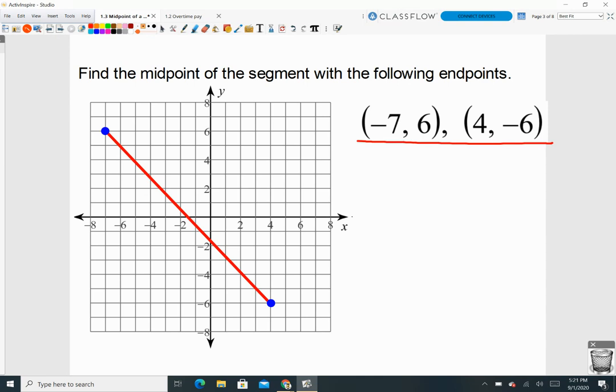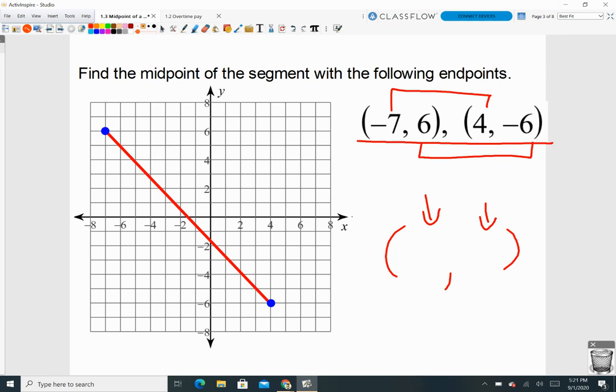So what I'm looking for is a point, so I'm going to have an x, y ordered pair. This first number in the pair is the average of the first numbers in each of the original pairs. And my second number, my y coordinate, is going to be the average of my y coordinates.